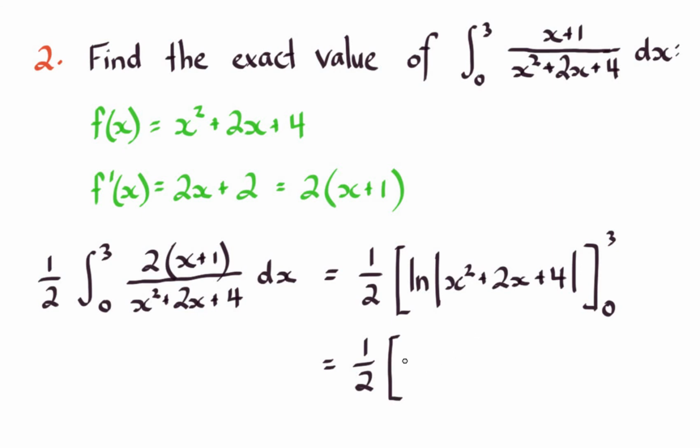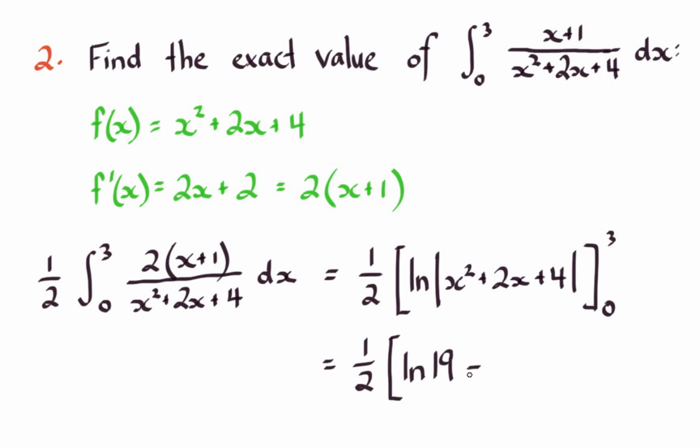When we substitute in 3, we will get the natural log of, let's do this mentally, so we have 3 squared is 9, plus 2 lots of 3, so that's 9 plus 6, which takes us up to 15, plus another 4. Now, like we saw in the last example, the absolute value of a positive number is just that number. So let's write ln of 19.